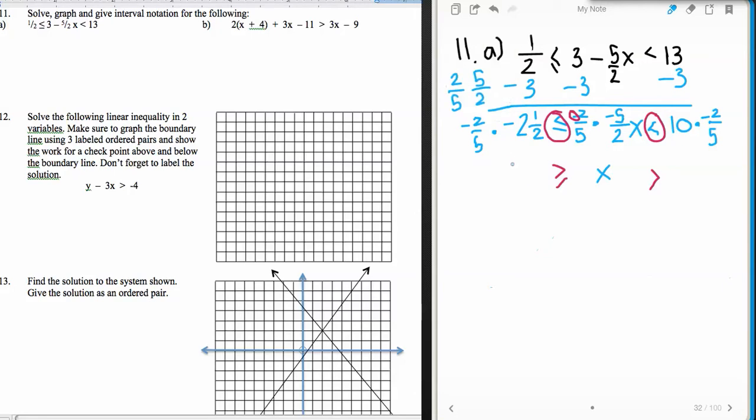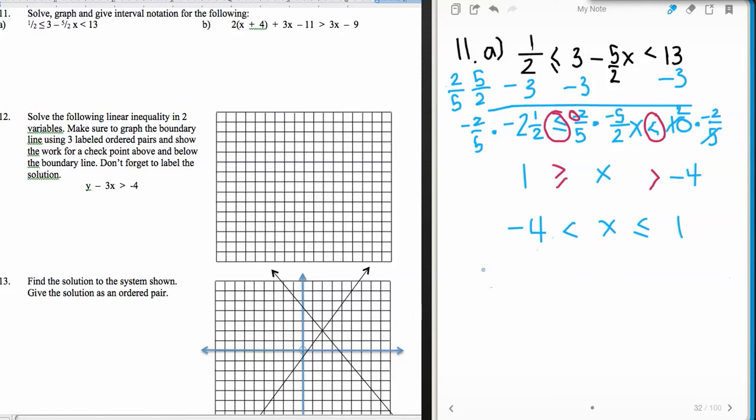So we're multiplying a negative times a negative, we get a positive 1, and then a negative times a positive, we get a negative, and 5 goes into 10 2 times, and 2 times 2 is equal to 4. Now we're going to take our pancake flipper and flip this thing over. We get our negative 4 over on this side, our positive 1 over there, and our x stays in the middle. The inequality here points toward the x with the 1, and the inequality here points toward the negative 4, so we point it toward the negative 4.